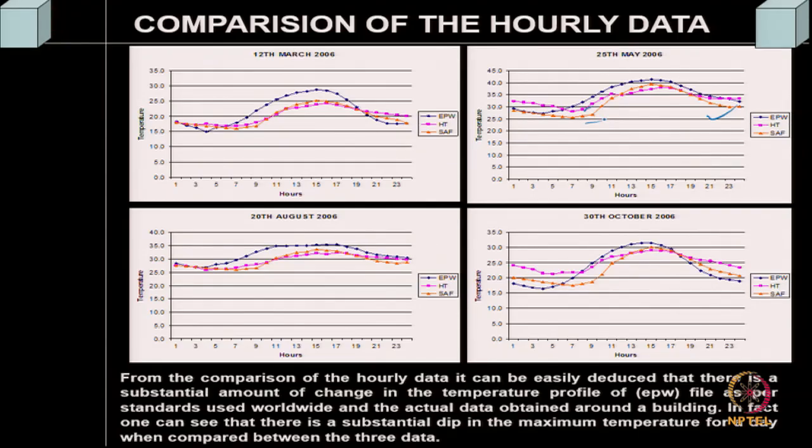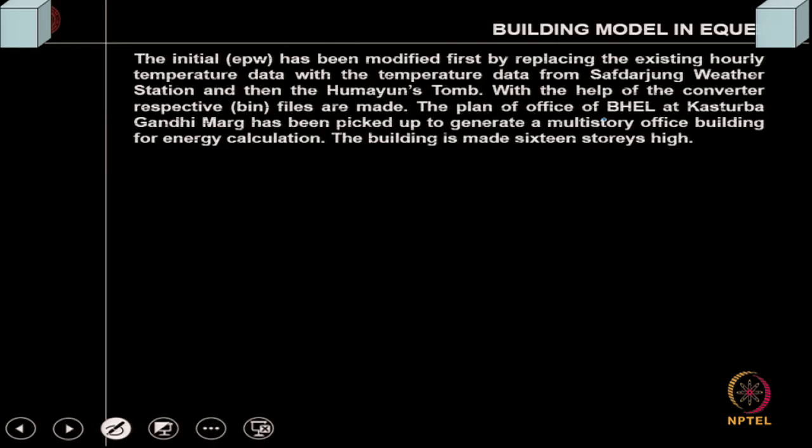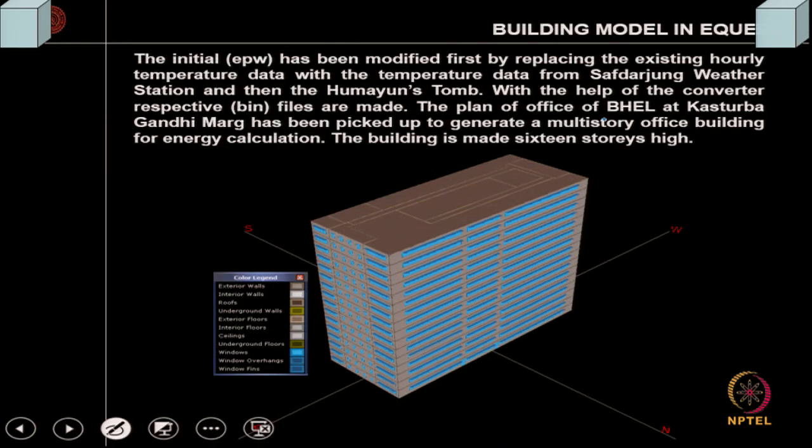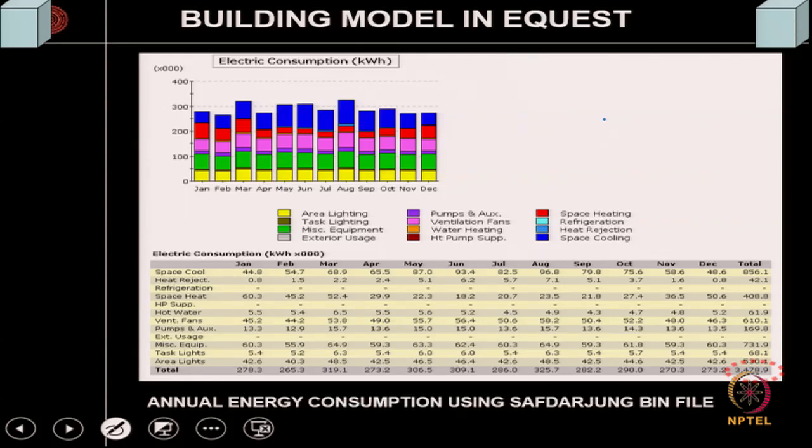The temperature actually reduces, and this is how the building is modeled, using existing hourly temperature from the data available, and it would show that there can be an energy saving. The software output shows that electricity consumption would get reduced if you plant that many number of trees.